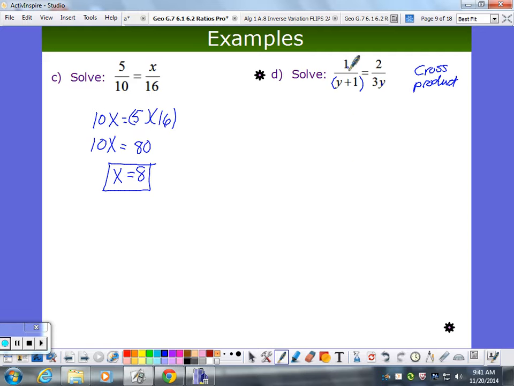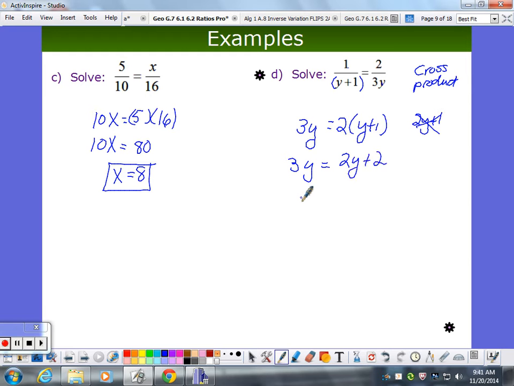So that when you take your cross product, 3y times 1 equals 2 times this thing, make sure you have grouped this, because this is different from this. Do we agree? We don't want that. It's 2 times the whole thing. So we can distribute that 2. See, that's different from that.